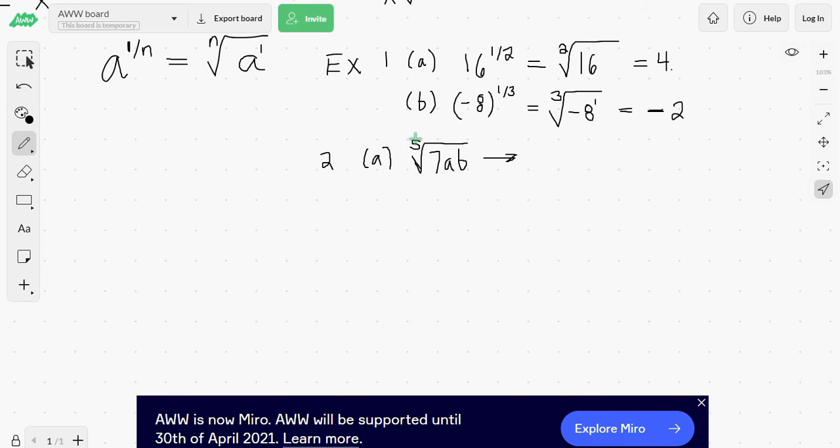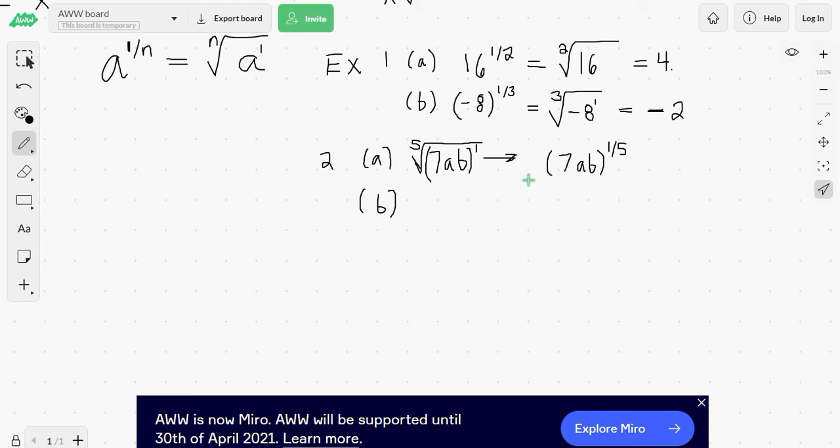Well, notice we've got the fifth root of this single thing to the first power. In other words, we can write this as 7ab to the first power over our index, over 5. So it's 1 over 5. So we've just expressed that in exponent notation. So we went from radical to exponent notation.